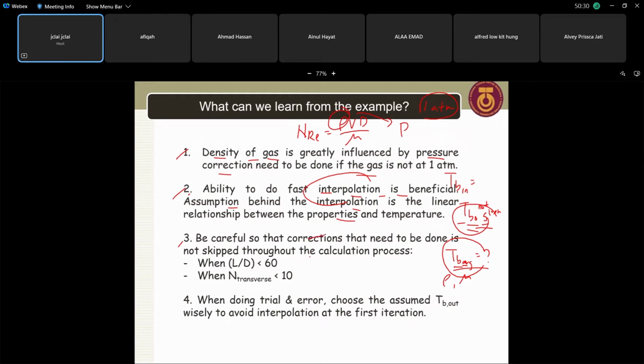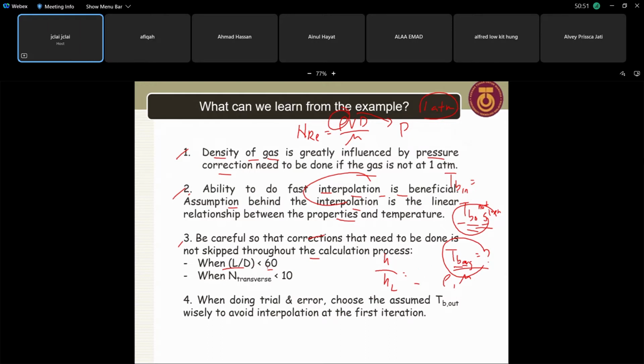You need to understand. When L over D is less than 60, for internal flow, then you need to refer to what H_L equals. It depends on your L over D ratio.